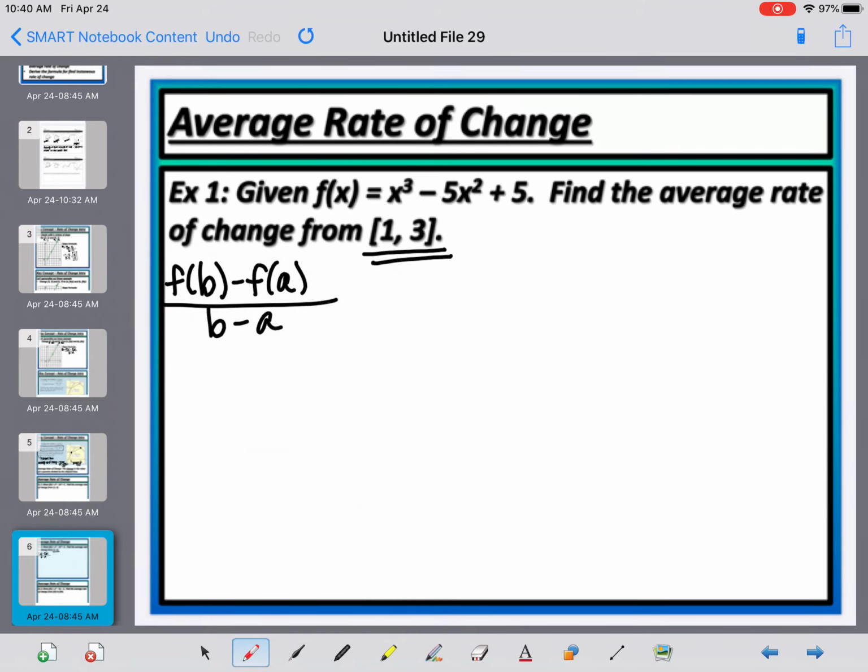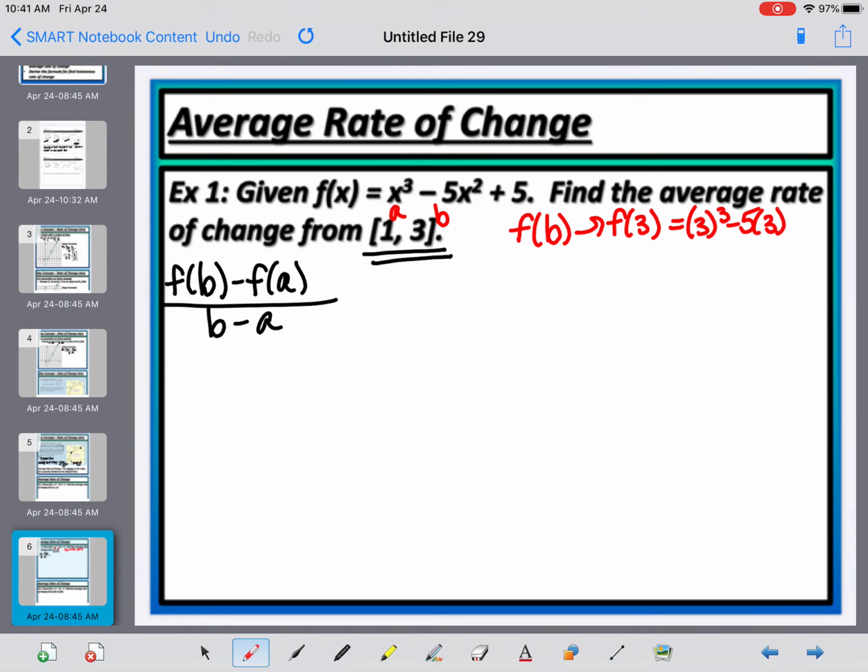So this is your a value and this is your b, but you do not have the f of b or f of a. So before you can start the problem, you actually need to evaluate. So f of b is finding f of 3.